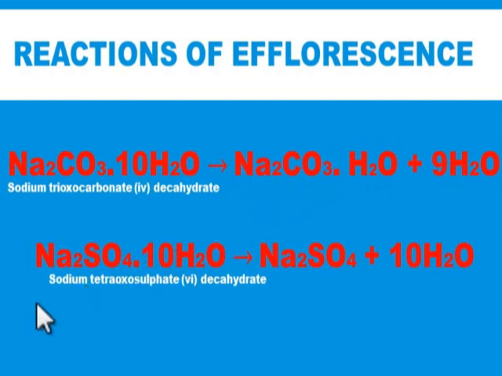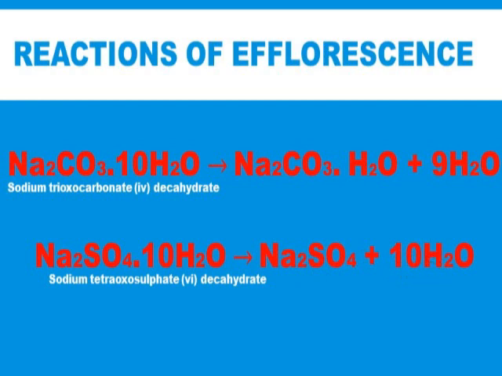Okay, good. This is sodium tetraoxosulfate 6 decahydrate containing 10 molecules of water. This other salt will give out on exposure to the atmosphere all the 10 molecules of water and become anhydrous, that is water free, completely absence of water. That's what we have here. Sodium tetraoxosulfate 6, there's no water here. Then this is the 10 molecules of water that is liberated.